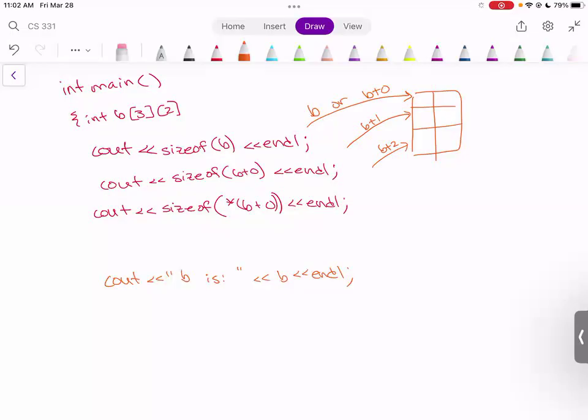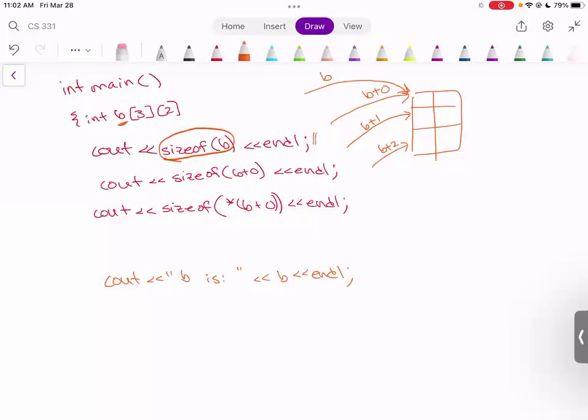Now, he's asking us for the size of B. Sorry, rather, I made a mistake here. B plus 0 refers to the first, and B also points to the first. But when I say B, I refer to the entire array, right? The name of the array. So if I say, what's the size of B? 24.